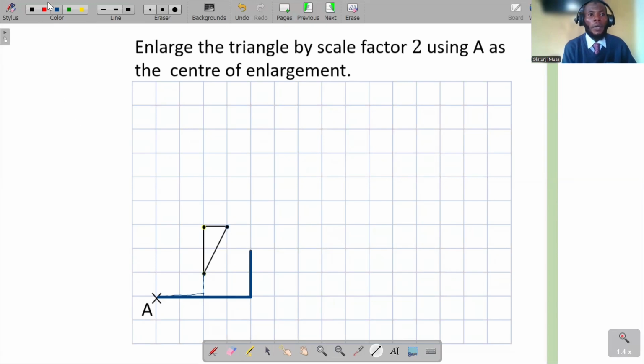So therefore, we have our first point in this place. The third point was 3 squares to the right and 3 squares up, which means we are multiplying by 3 times 2, okay?